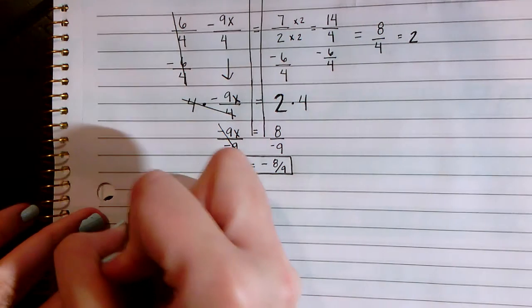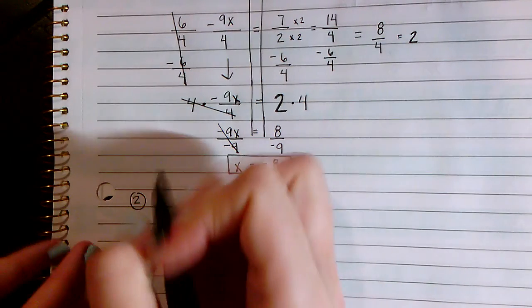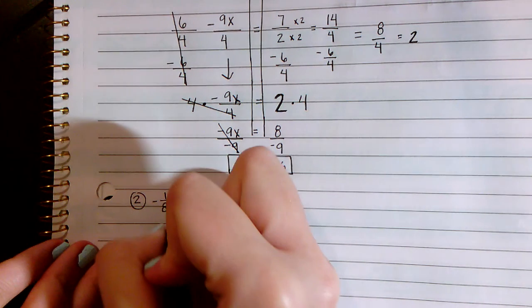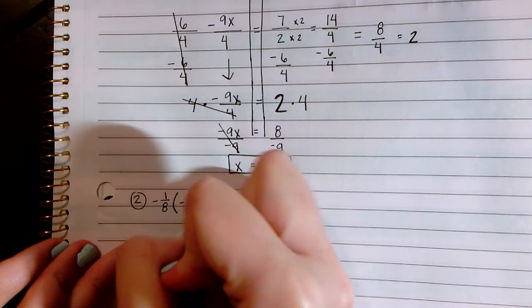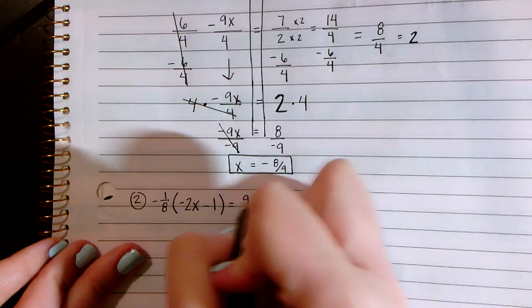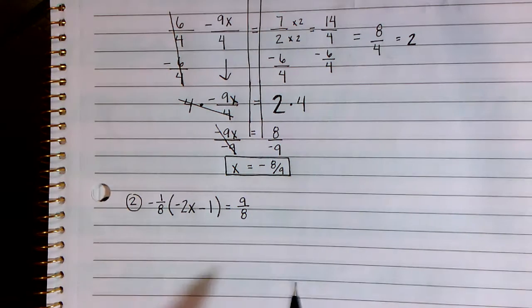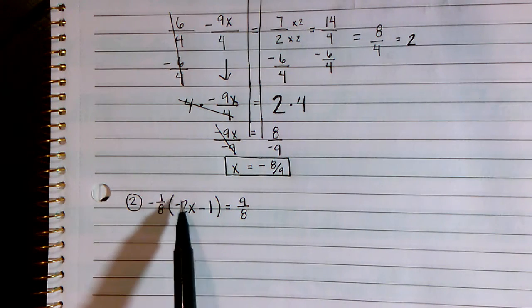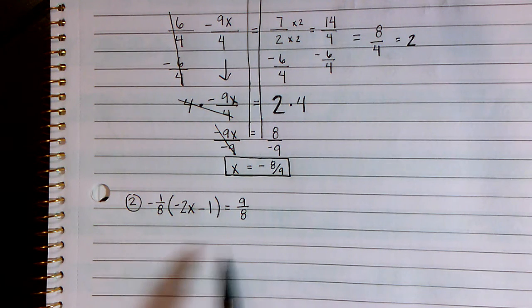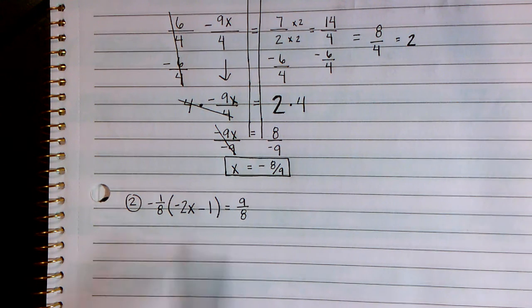So the 2 problems I want you to work on today. Number 2 is negative 1 over 8 multiplied by negative 2x minus 1 set equal to 9 over 8. So you're going to distribute this in to both, get your new numbers down here, and bring down equals 9 over 8.